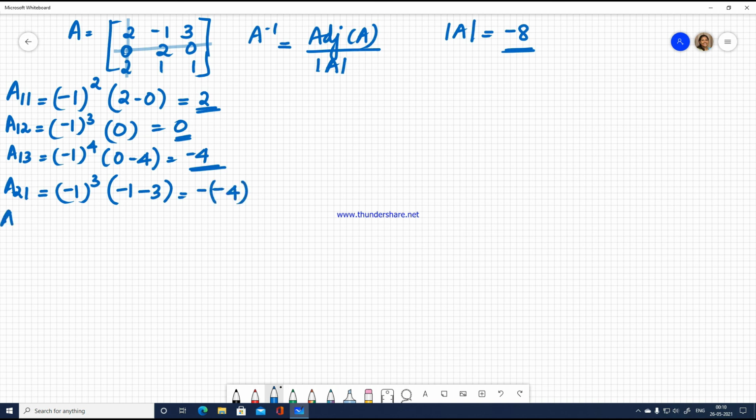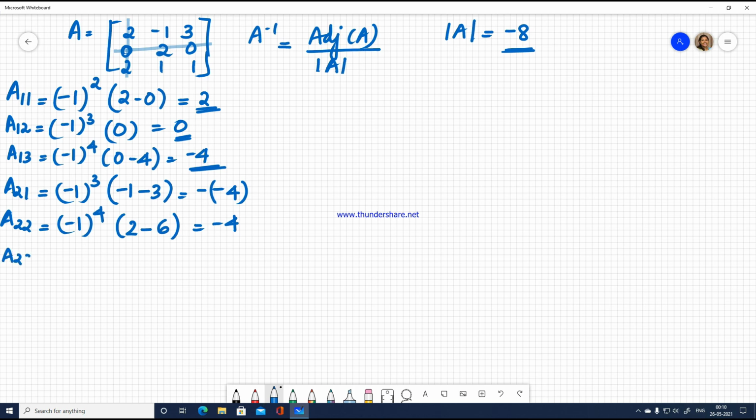Now A22 is equal to minus 1 raised to 4, and it will be 2 into 1. Cover this column and this particular row, it is 2 into minus 2 minus 6 equals minus 4.